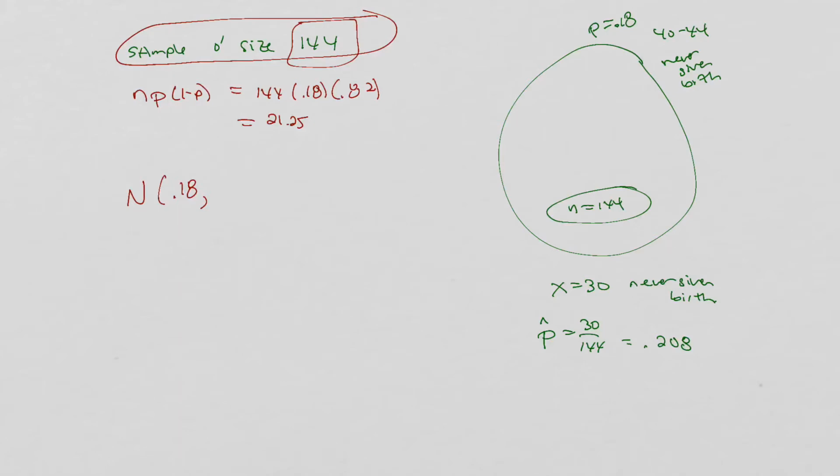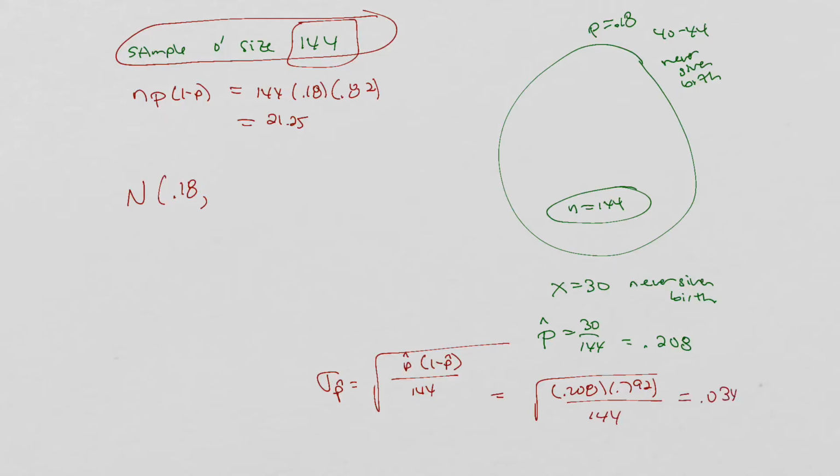So the way we estimate it if we're not given the number in the problem is by computing this sigma of p hat, which is the square root of p hat times 1 minus p hat over the sample size. Right. So that's just a square root of 0.208 times 0.792 all over 144, which gives me a standard deviation of 0.034.